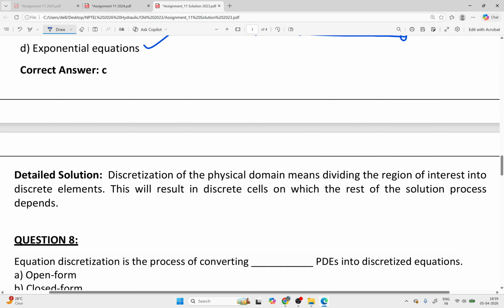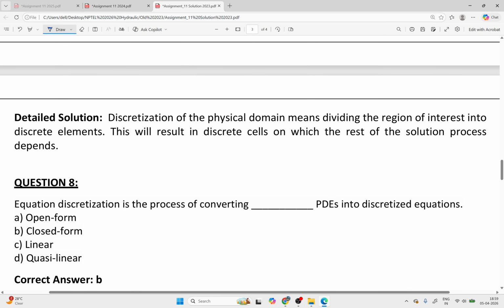Next one: discretization of equations is the process of converting closed form linear or quasi-linear partial differential equations into discretized equations. So it is B, closed form equation.